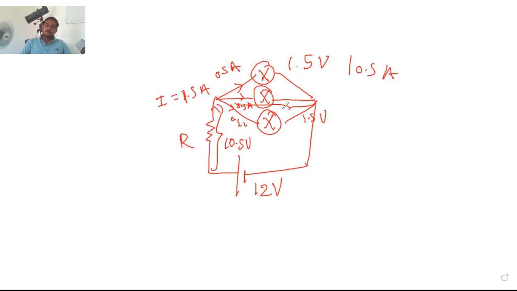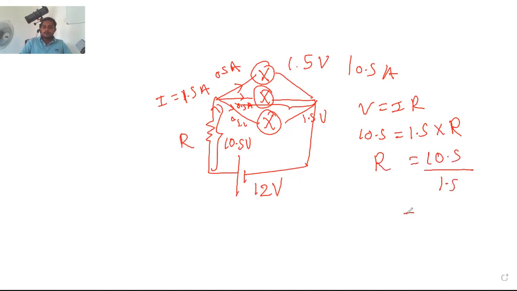So finally we can use V equals IR. V is 10.5 volts, I is 1.5 amps, R is the thing that we have to find. R is equal to 10.5 over 1.5, which is giving us 7 ohms.